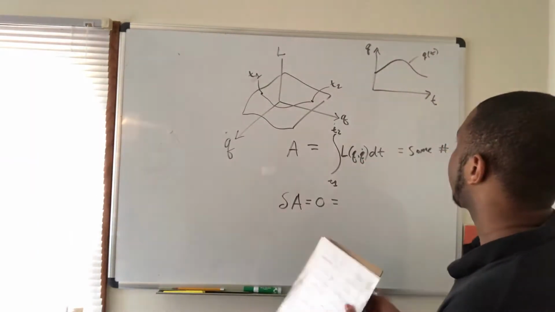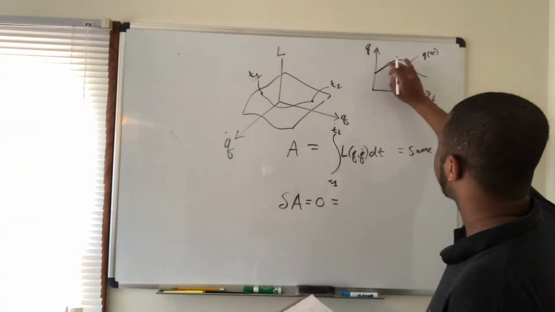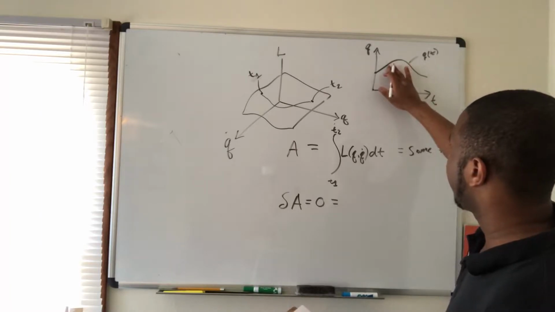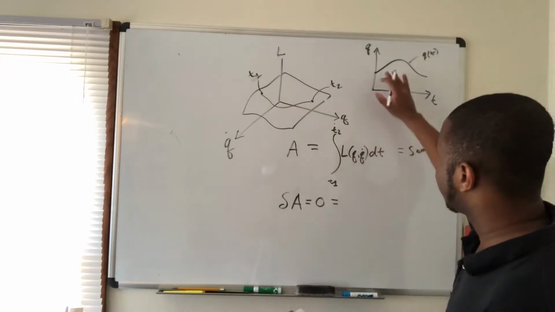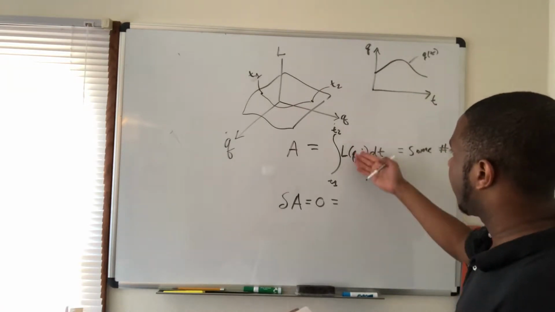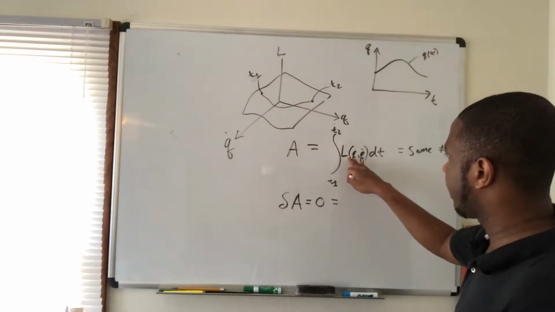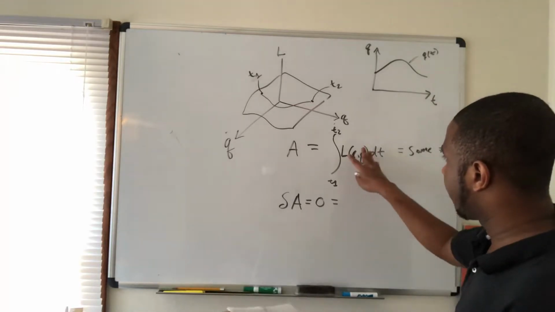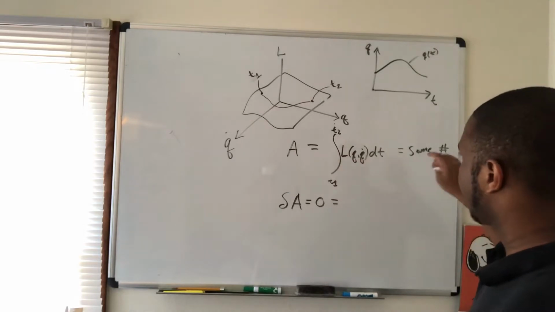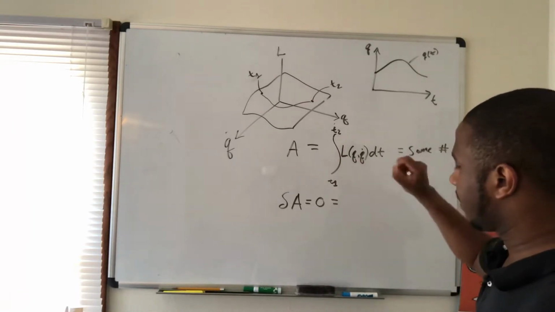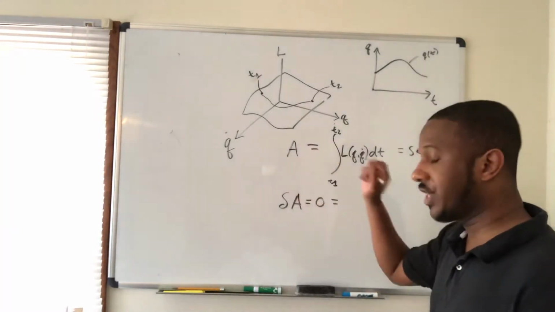To make a small change in q, let's add to this function, which produces the associated q and q dot, which when you plug those numbers into this function L will give you your action, which is going to be at a stationary point.